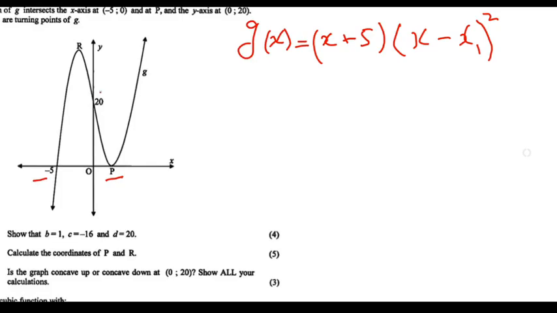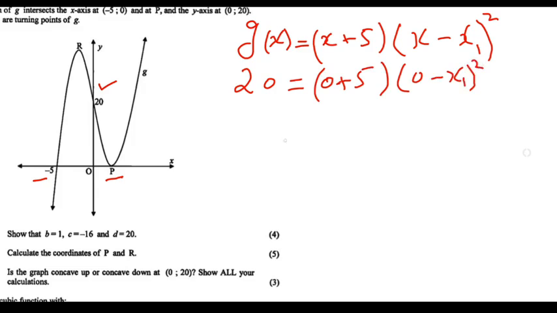In this case, we have the y-intercept, which is 0 and 20, x value 0, y value 20. So 20 is equal to 0 plus 5, and this is 0 minus x1 squared.